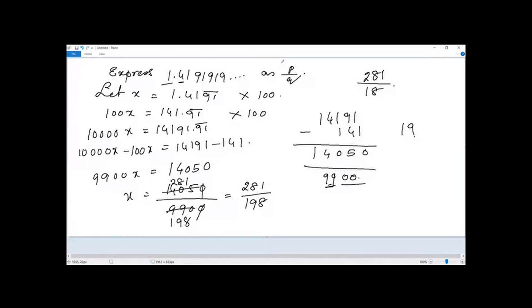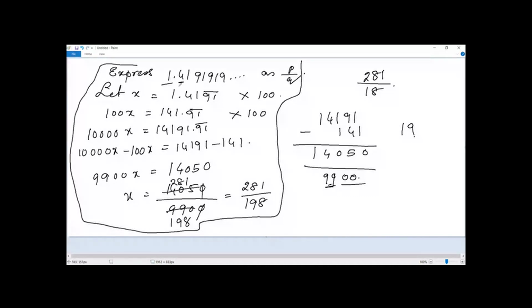This is the textbook method. Ma'am, when we have these questions in MCQ, there we have to use this one. Yes, in MCQ you can use it, but if it is a normal question, you can't use that method, no?